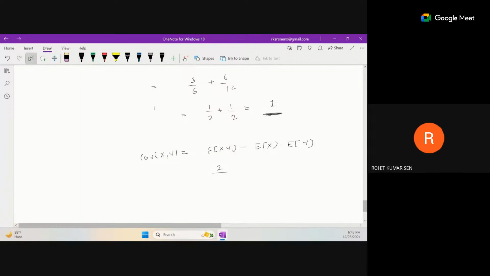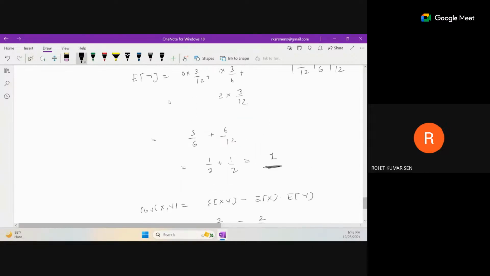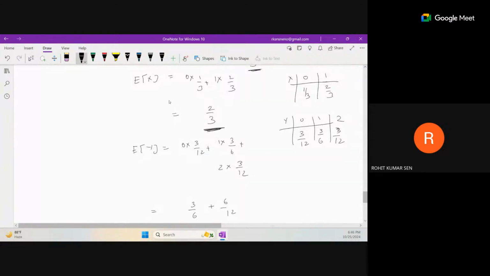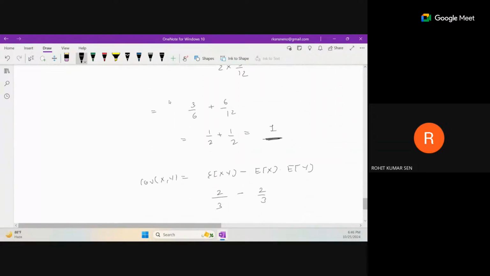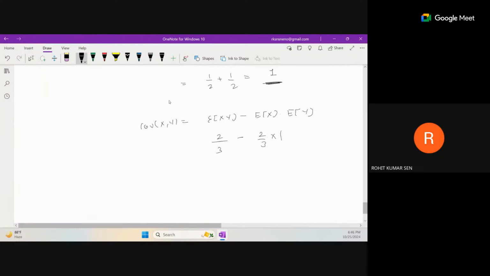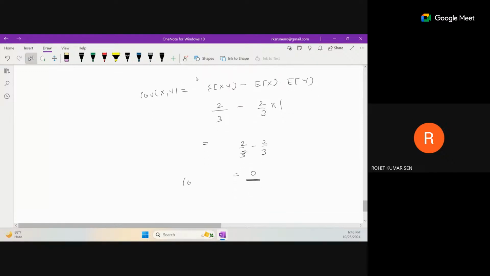Expected value of xy is 2 by 3, minus expected value of x, which is 2 by 3, into expected value of y, which is 1. If you solve it, you get 2 by 3 minus 2 by 3, which is 0. So my covariance of xy is 0.